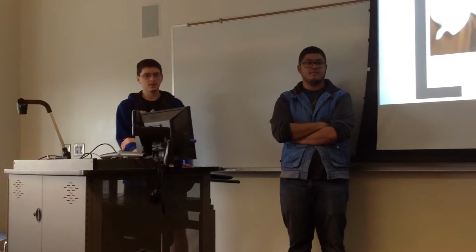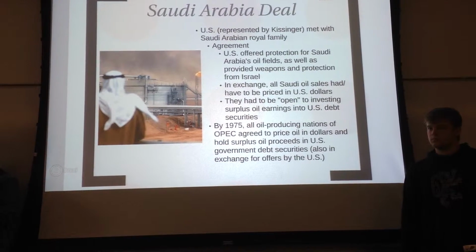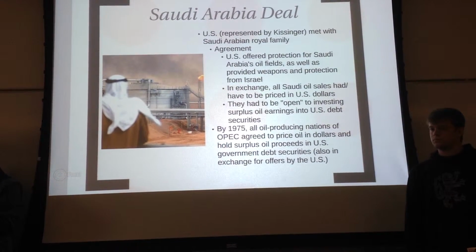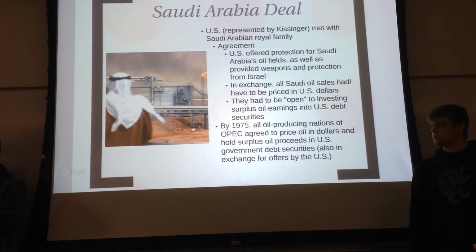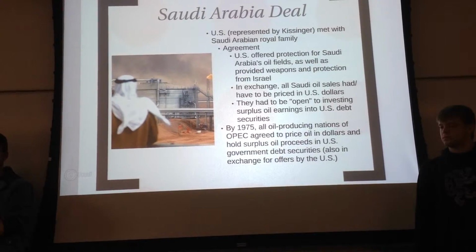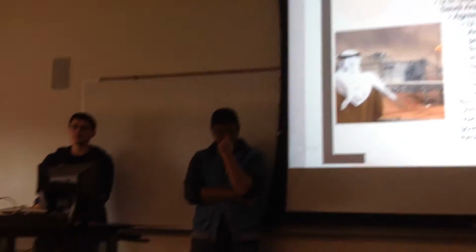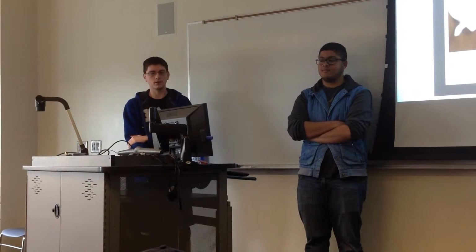In the Saudi Arabia deal, the U.S., represented by Henry Kissinger, met with the Saudi Arabian oil family. Basically, the U.S. agreed to protect Saudi Arabian oil shipments out of the Gulf in exchange for Saudi Arabia using the U.S. dollar in their deals with other nations, purchasing their oil.